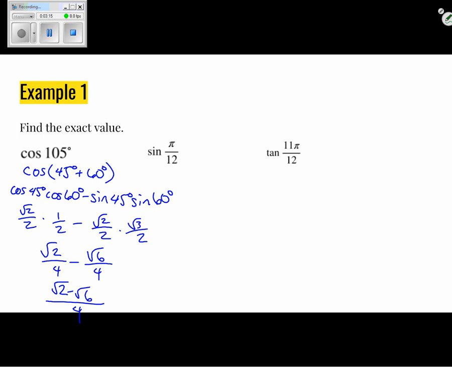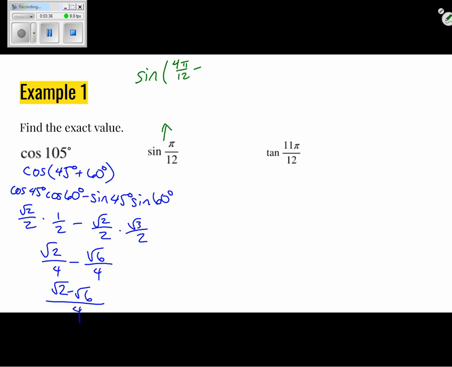Now, with radians, it's going to be a little bit trickier. I'm looking at it, and none of these special angles on my unit circle have a denominator of 12. That's okay. I might just have to do a guess and check to find it.